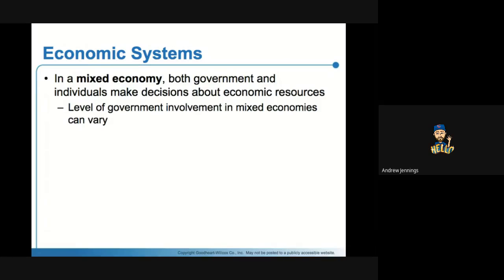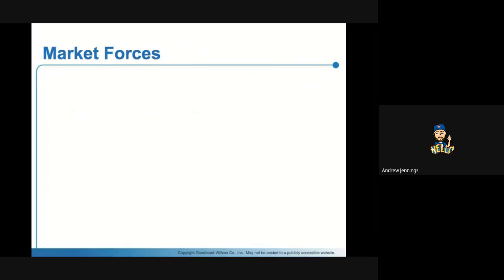And the level of government involvement is going to vary from nation to nation and even vary over time. If we look at the United States from 1776 all the way up until 2020, the level of government involvement has gone up and down several times throughout our history. And that just comes with a mixed economy and who's making the decisions.